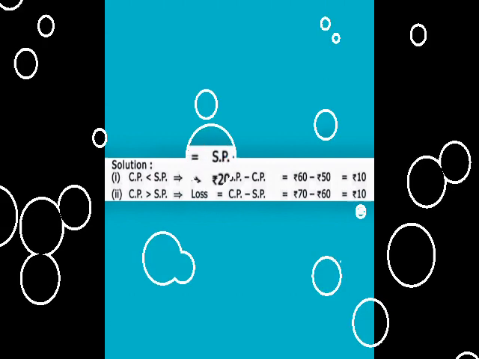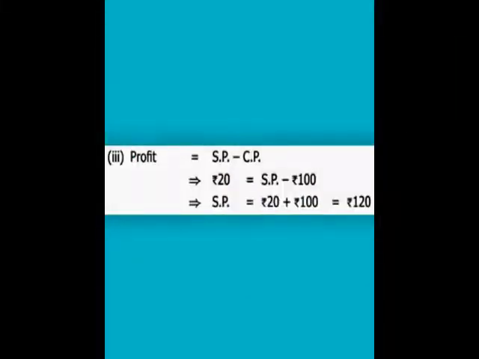The third question: cost price is given and profit is given. We want to find the selling price. So profit is equal to selling price minus cost price, that is, SP is equal to profit plus cost price. Profit is rupees 20, cost price is rupees 100.